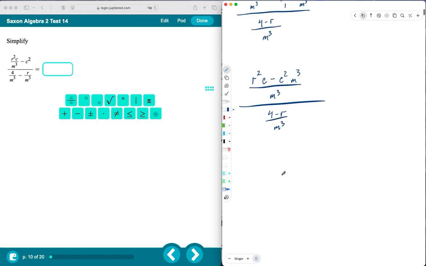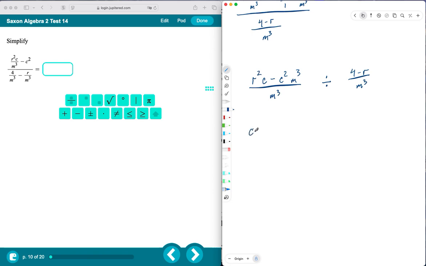Well, this is a fraction divided by a fraction. So you could rewrite that with the division symbol like that, right? So when you can do it like that, we know we can keep it, change it, flip it.